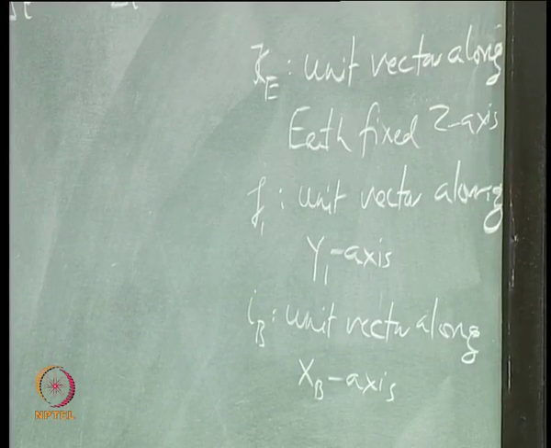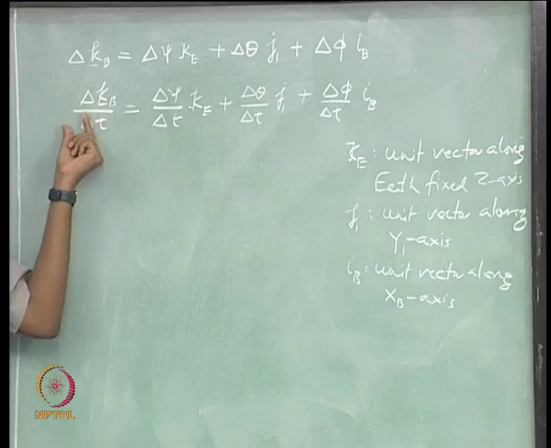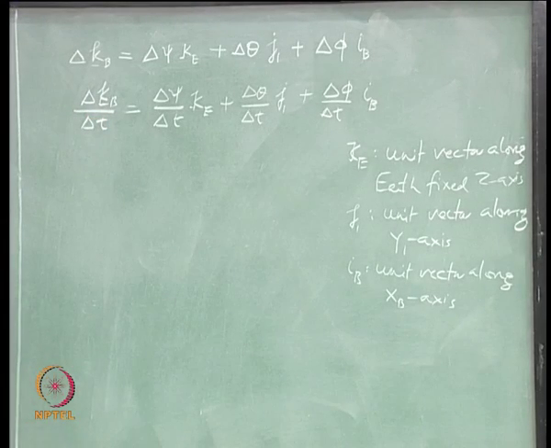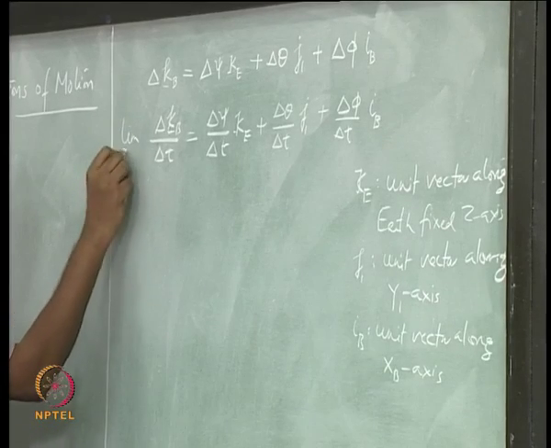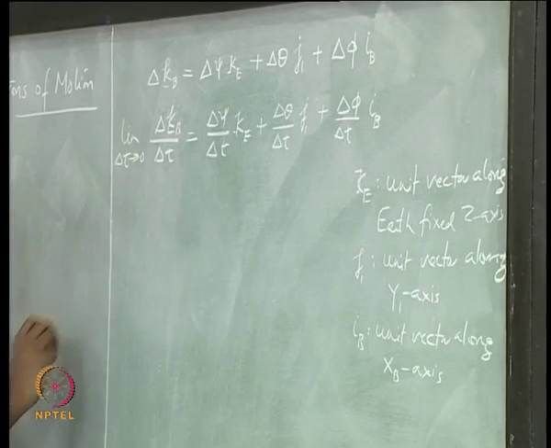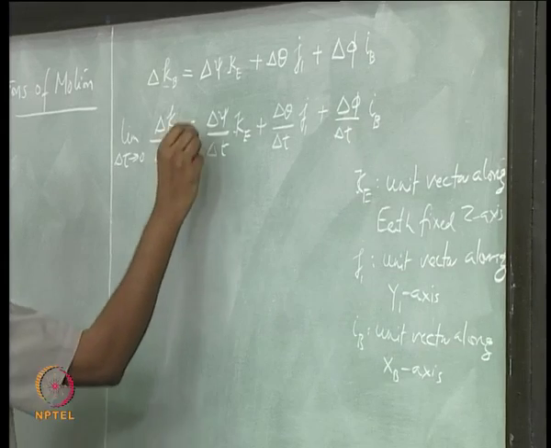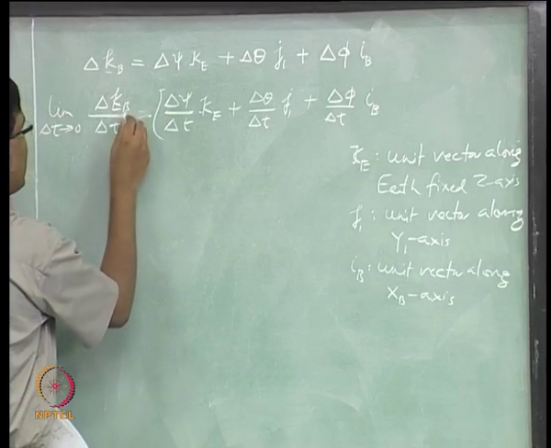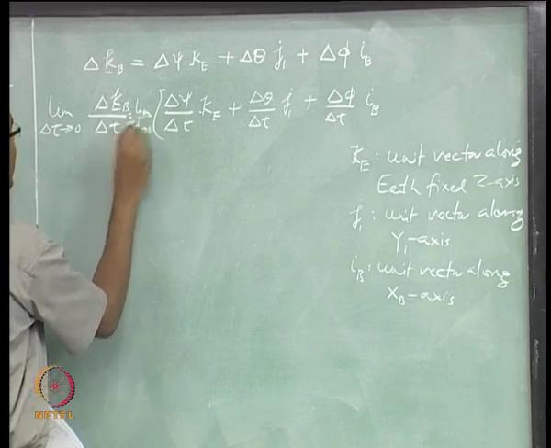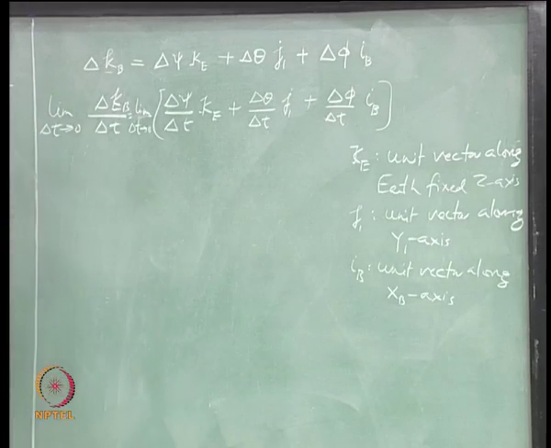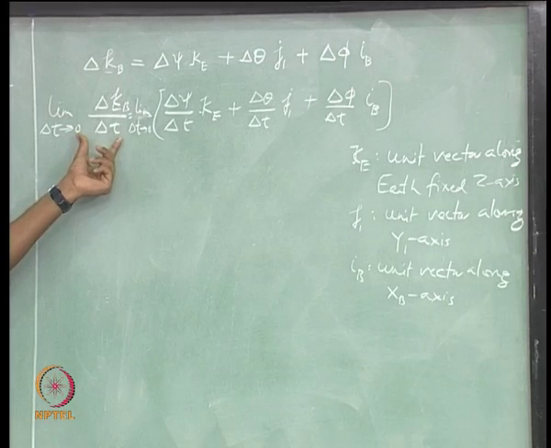And take the limit, right, when this delta t becomes small, then it will give you the rate of change of angle. If you take the limit, so, right, what is this quantity?